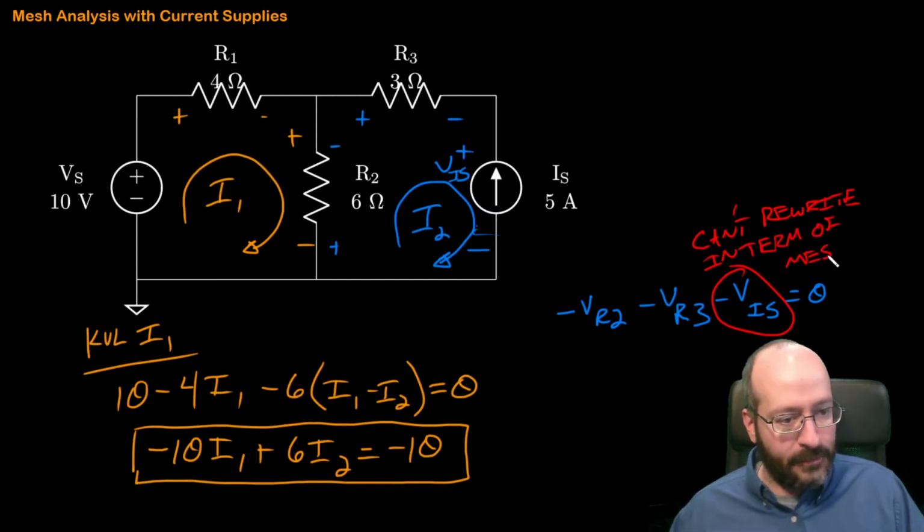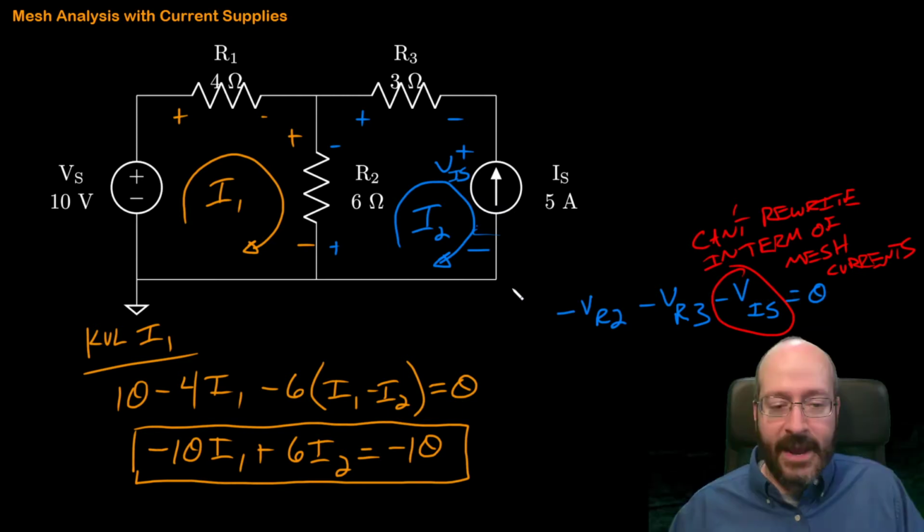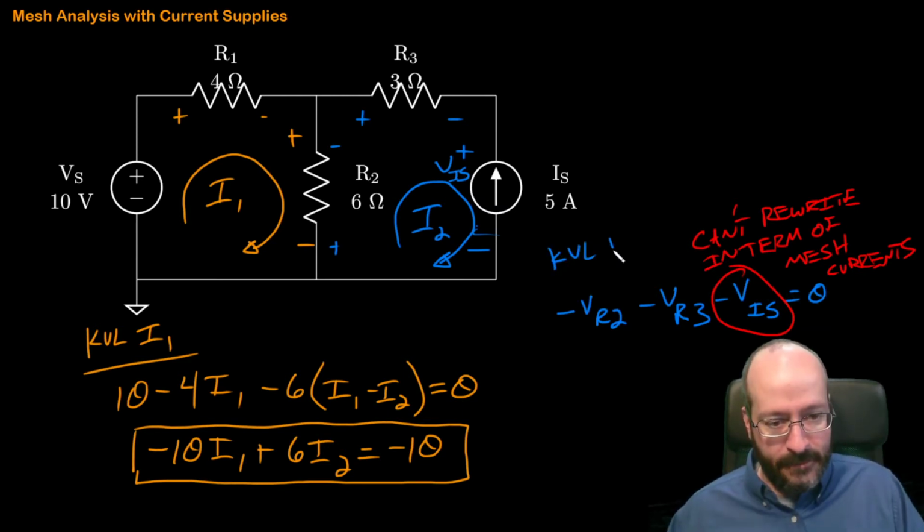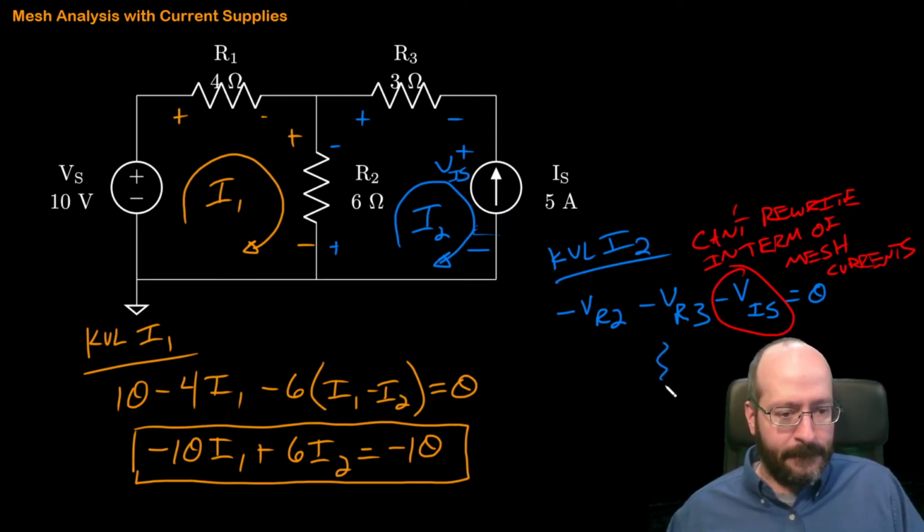And our unknowns, of course, are the mesh currents. And that's a problem. And that's why we can't write the KVL for I2. So we got to cross it out. What do we do instead?